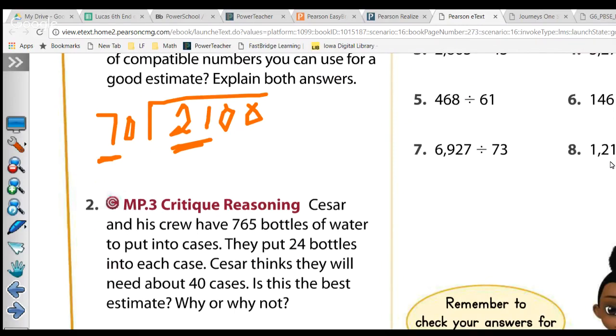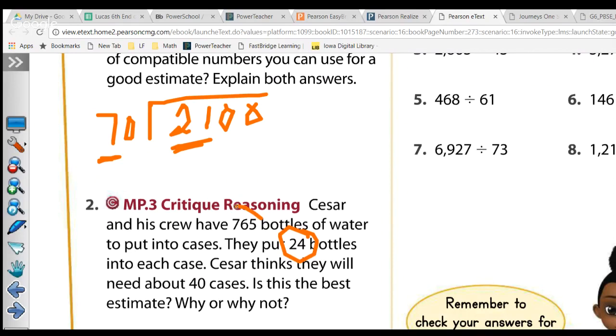So let's take a look at that. One of the things that I would probably do if I were doing this problem is I see that we have 24 here. Right away, my brain takes that to 25 because I know that 100 can be divided into 4 25s. I kind of think about quarters and a dollar.